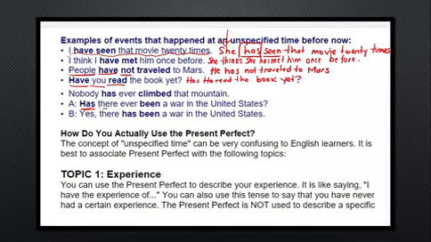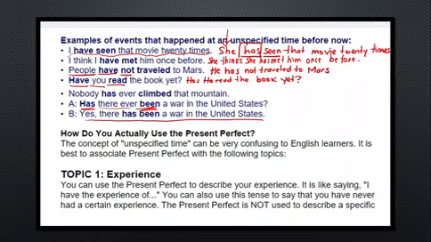Has there ever been a war in the United States? ¿Ha alguna vez habido una guerra en Estados Unidos? Yes, there has been a war in the United States. Sí, ha habido una guerra en Estados Unidos, al menos una guerra, ¿verdad?